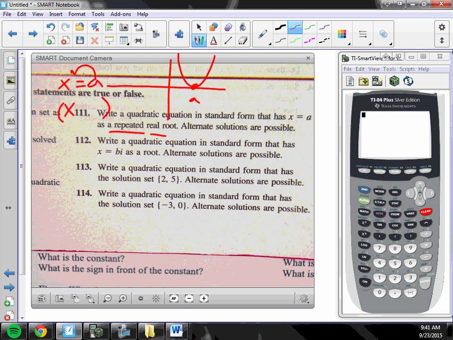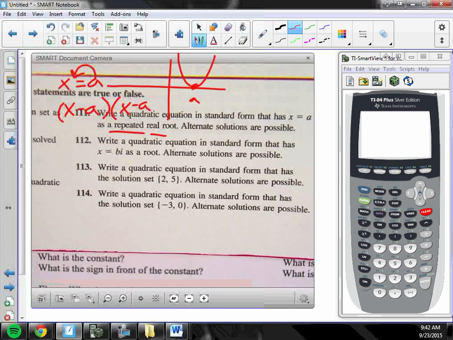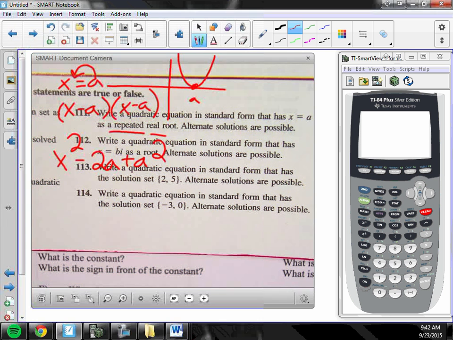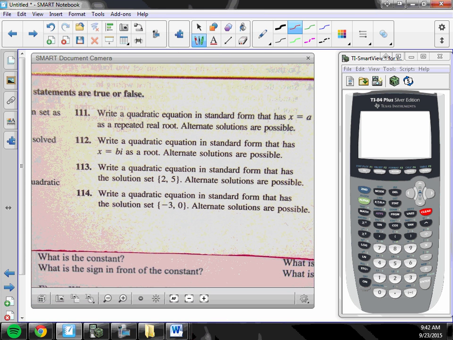So I need to subtract it over, and I get x minus a times x minus a, which would be x squared minus 2ax plus a squared. Okay, we could do the same thing.